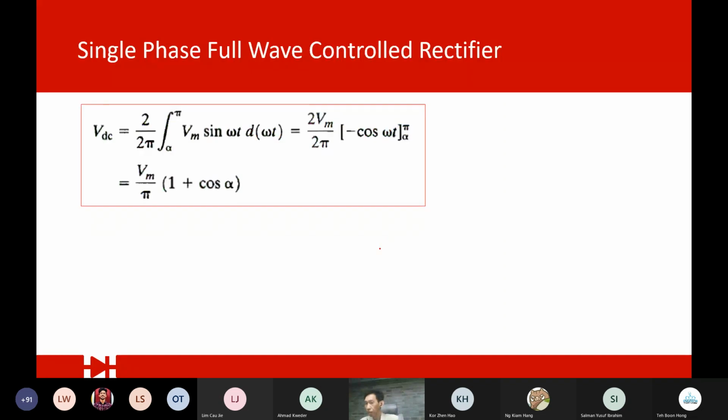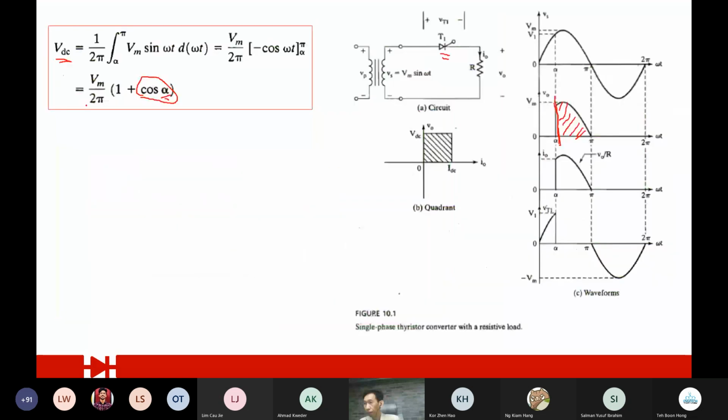So the same principle applies to full wave. The only difference is Vm divided by pi instead of 2 pi. Because for the half wave, it's 2 pi, since it's the whole cycle, including the part that is not rectified.